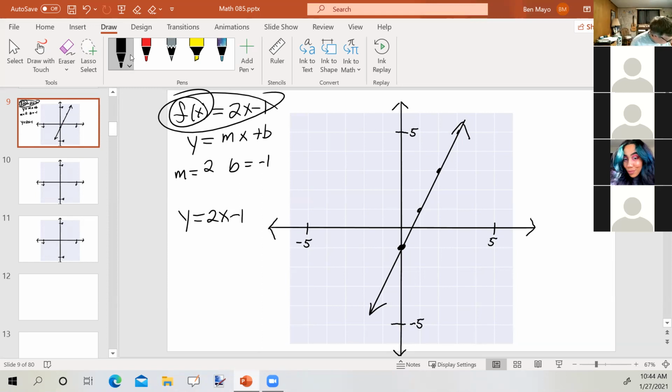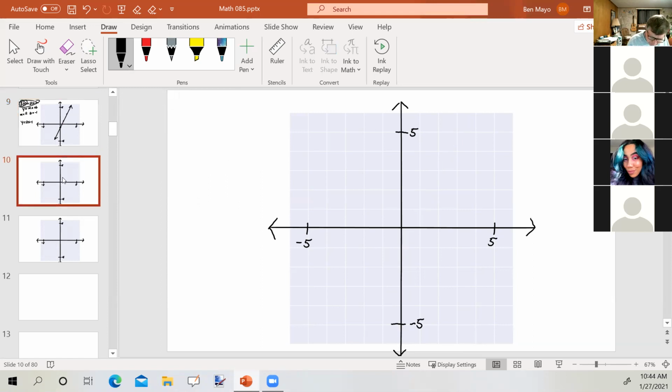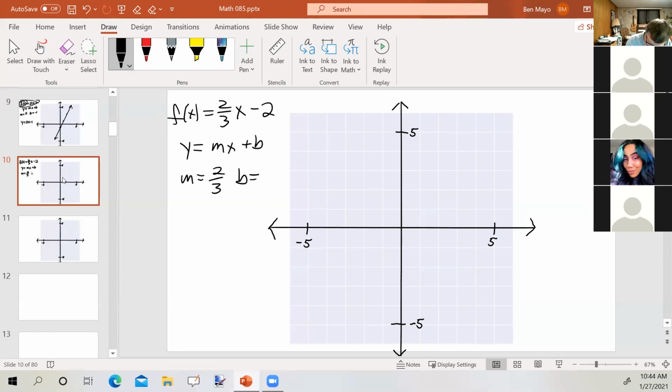Okay, let's take a look at another one. This says f of x equals 2/3 x minus 2. So now using the form y equals mx plus b, the slope is 2/3 and the y-intercept is negative 2. So we begin with a y-intercept of negative 2.